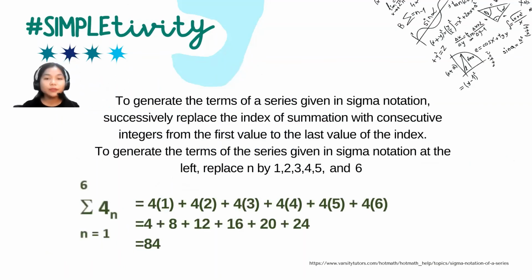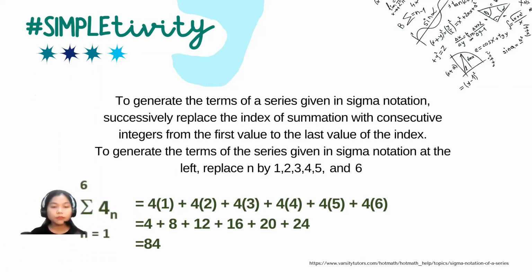To generate the terms of a series given in sigma notation, successively replace the index of summation. Again, what's the index of summation? The index of summation is n, right? Replace it with consecutive integers from the first value to the last value of the index. So we just replace n by 1, 2, 3, 4, 5, and 6.